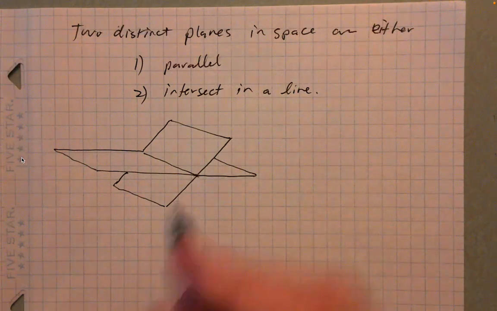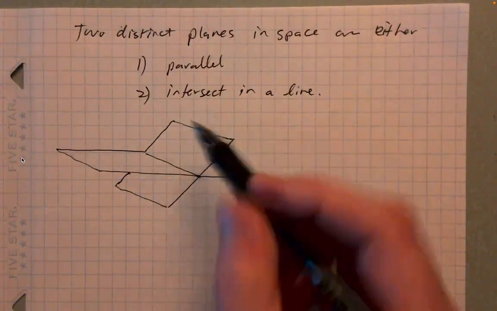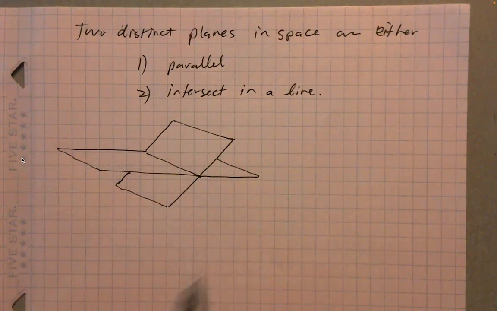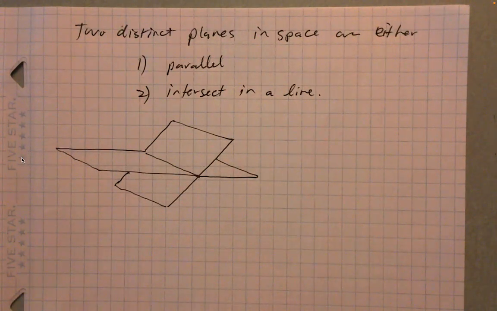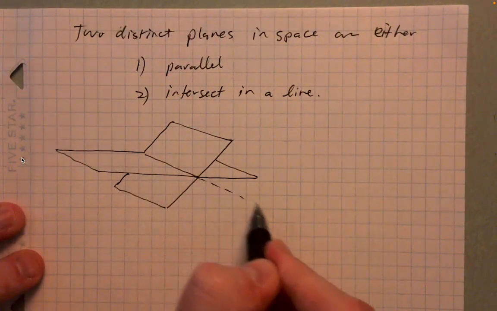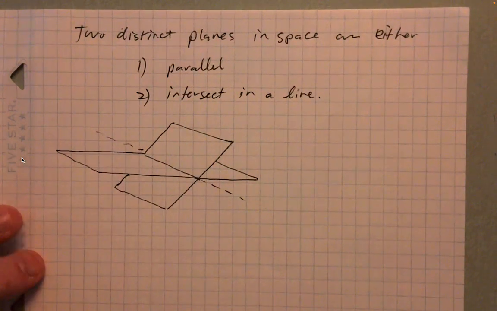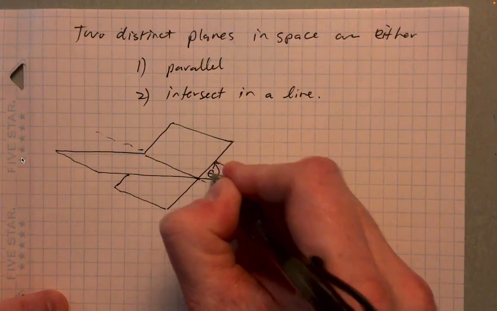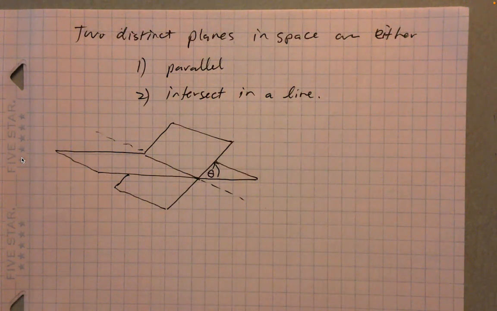I've got two planes. I've got this one here that runs kind of up the page, and then I've got this other plane that runs horizontal on the page. There's some angle between these two, right? Obviously, you can see they intersect in this line here. And there's some angle between them, some angle theta.